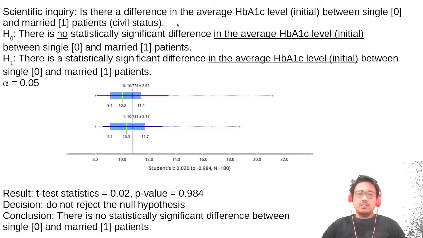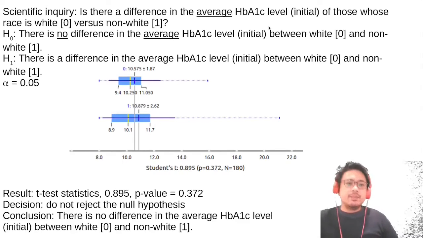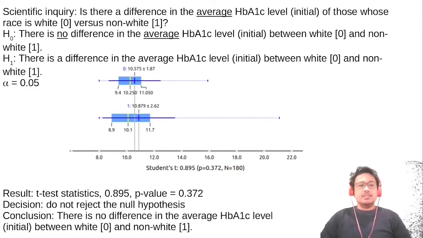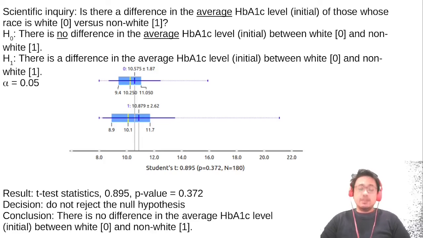Next, is there a difference in the average HbA1c level between white versus non-white? Null hypothesis, there is no difference. Alternative, there is a difference. 0 is white, the average is 10.575.